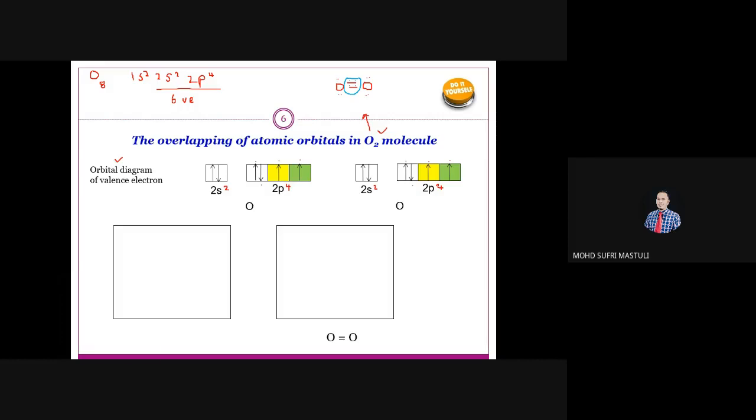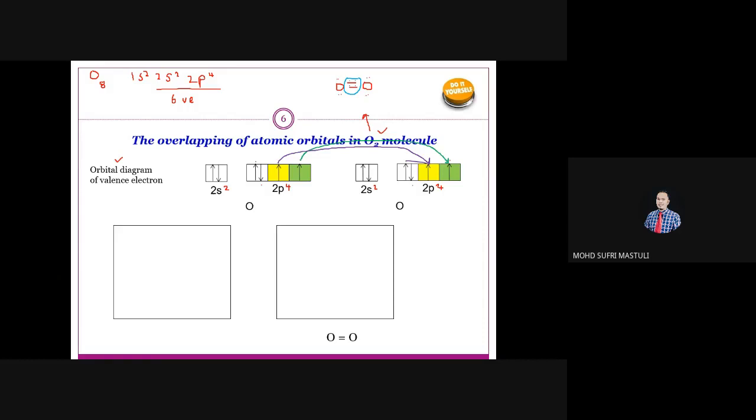This is why we need single-electron orbitals. So this single will couple with this one to form the first bond, and the other single, which is this one, should be coupled with this one to form the second bond.